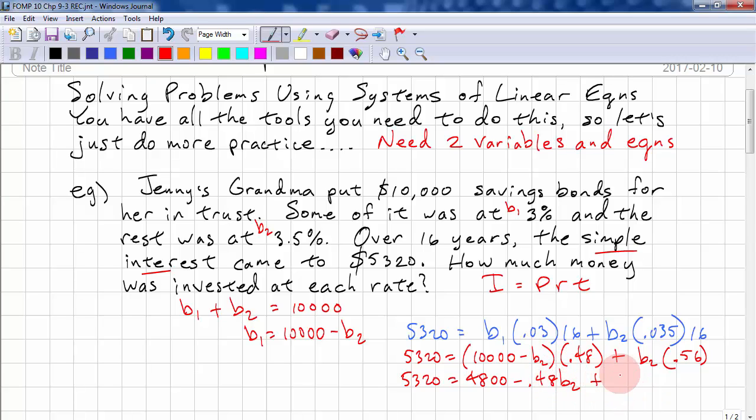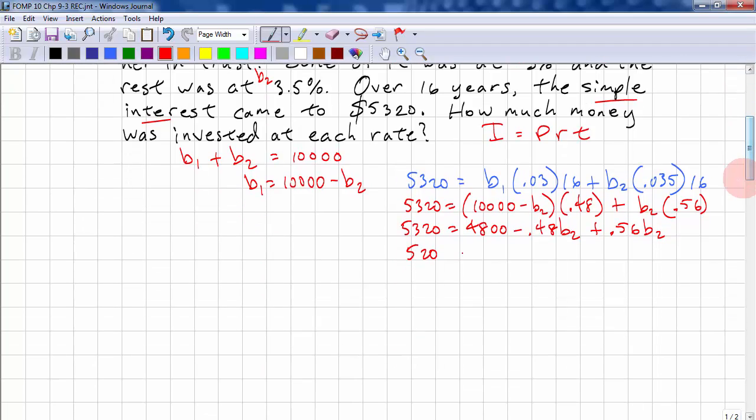We just want to rearrange it because normally the coefficient comes out front, 0.56 B2. Bring this over to the other side, we're subtracting it. So we get 520 equals 0.56 minus 0.48, which is 0.08 B2.